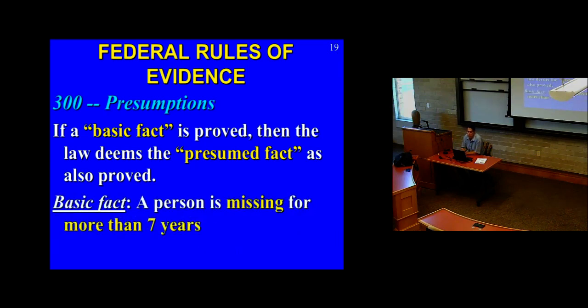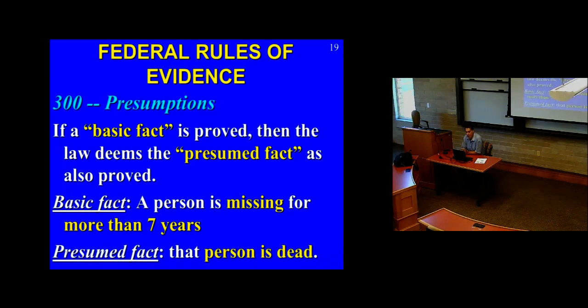So, for example, a basic fact may be that a person, if they are missing for more than 7 years, then some state laws will say the fact that they are missing for 7 years, and you can prove that they are missing for 7 years, the basic fact. So you still have that burden to prove that. But once you prove that, then we will give you a presumed fact. And the presumed fact will be, okay, that person, we can presume them to be dead.